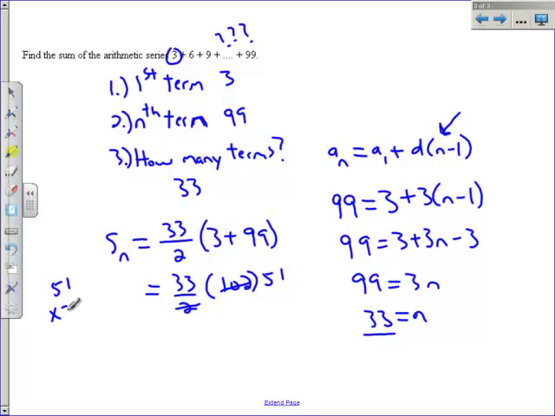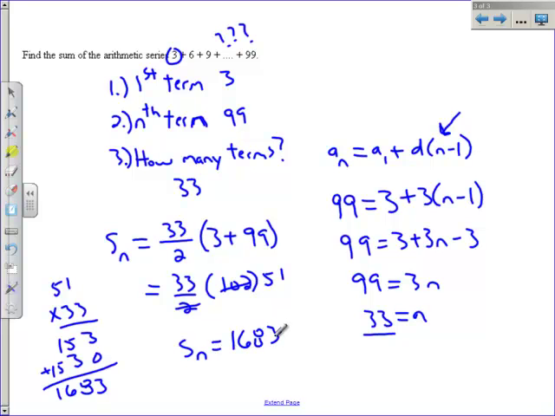Let's do this old school. 3 times 1 is 3, 3 times 5 is 15, put a 0 placeholder, 3 times 1 is 3, 3 times 5 is 15. Let's see what we get: 3, 8, 6, 1. So the summation is 1,683. That's all there is to it. See you guys tomorrow.